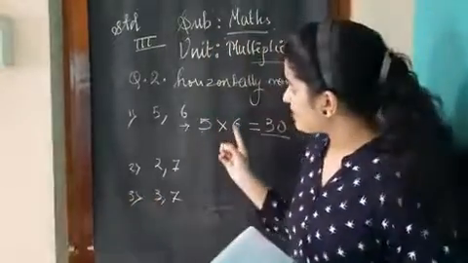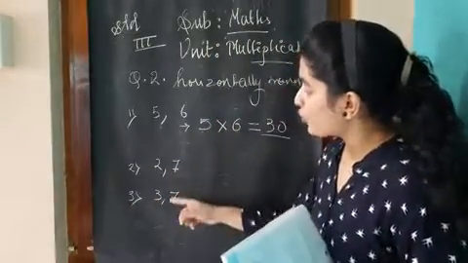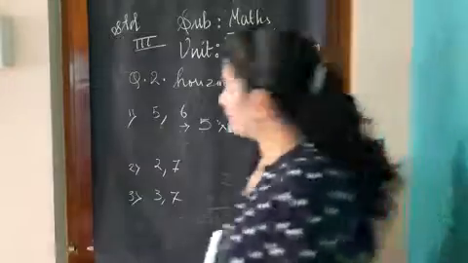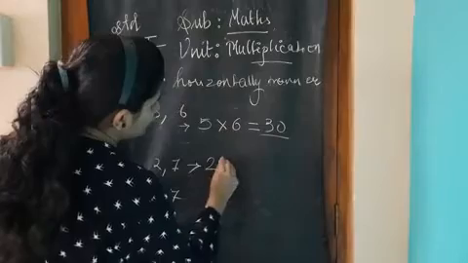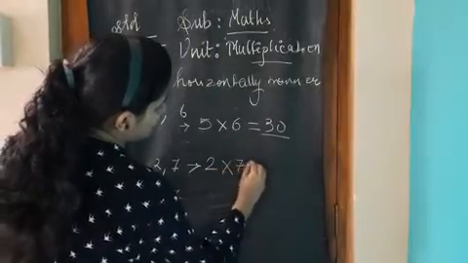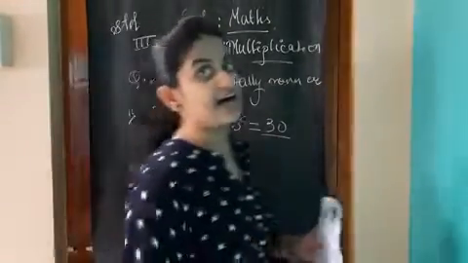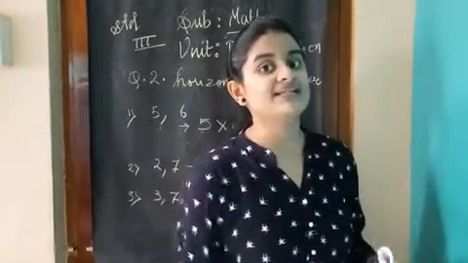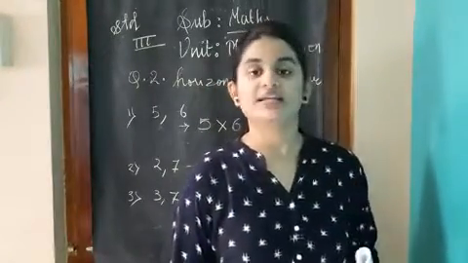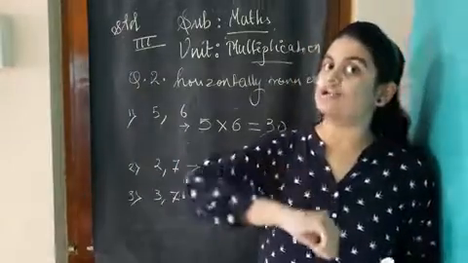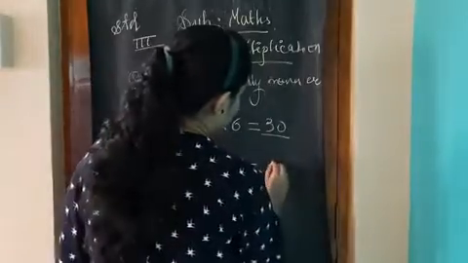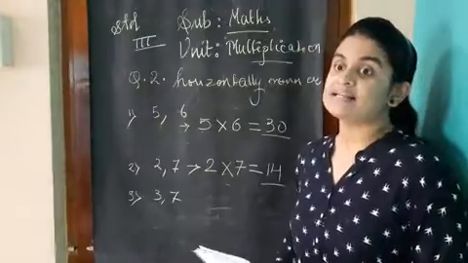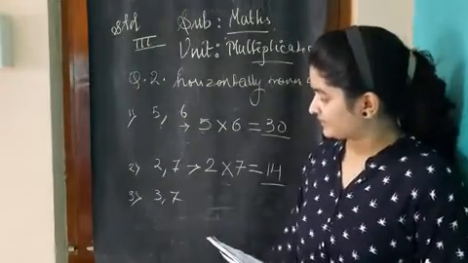Students, in the same way, we are going to arrange both the numbers. Right? So let us start with our second question. Let us arrange 2 into 7. What will be the answer? 2 sevens are 14. Right? And 7 twos also will be 14. So now our answer is 14. Students, let us solve the third question.